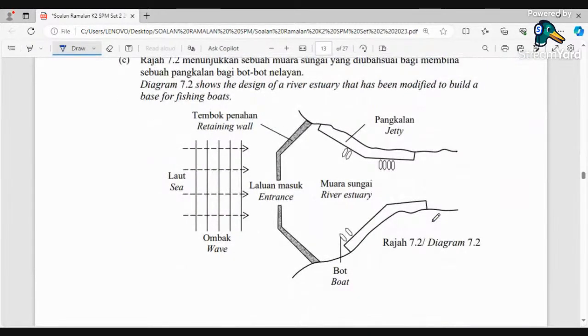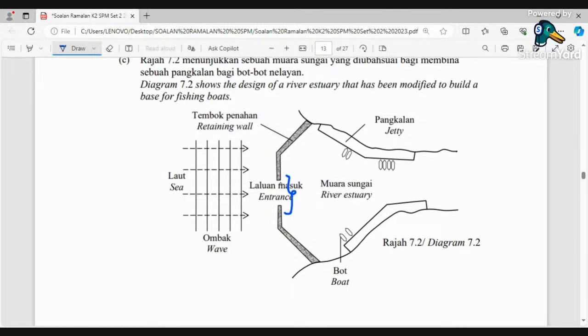Okay, bahagian C, river estuary has been modified to build base for fishing boats. Okay, you nampak sini ada entrance. Dia ada buat retaining wall to create a gap here. As we know that for the fishing area, we don't want it to be wavy area.